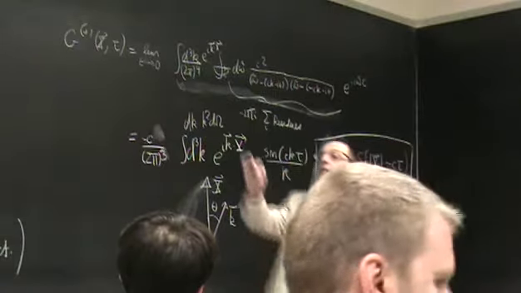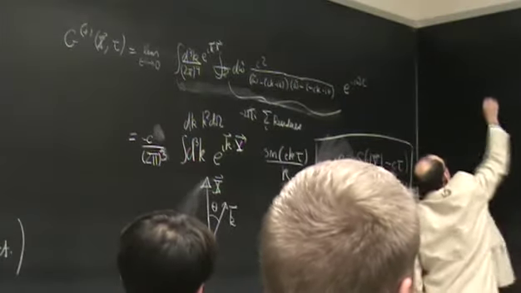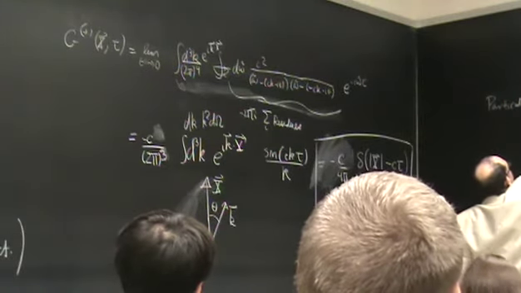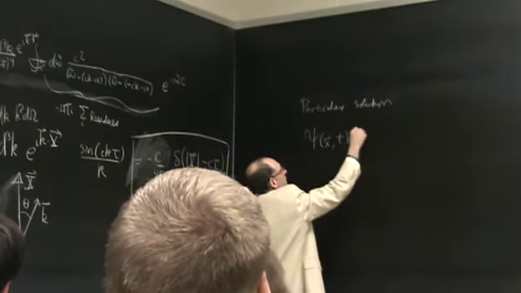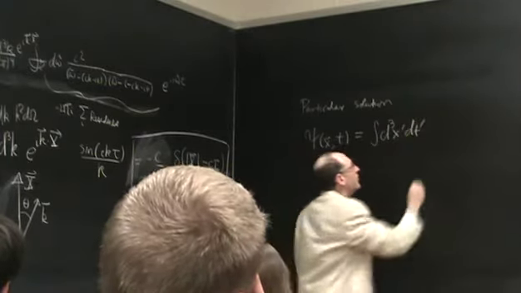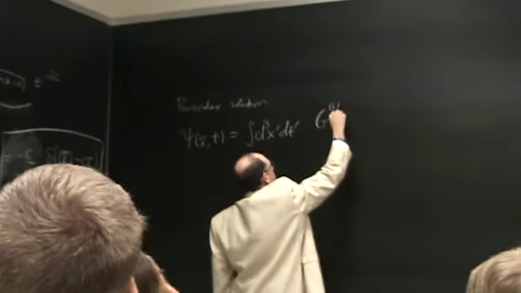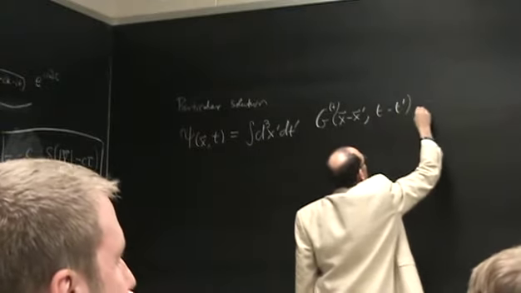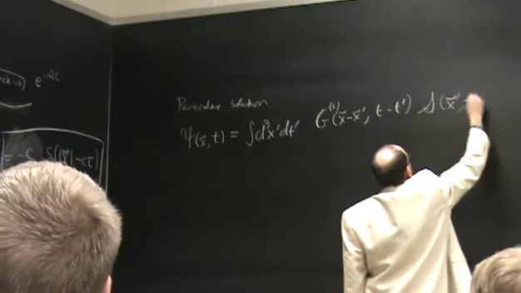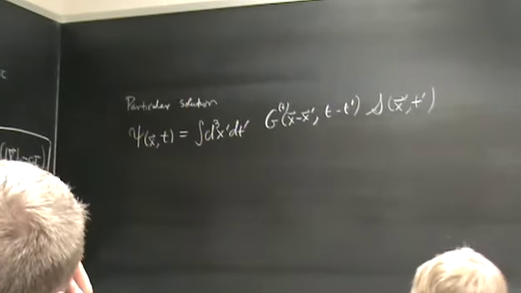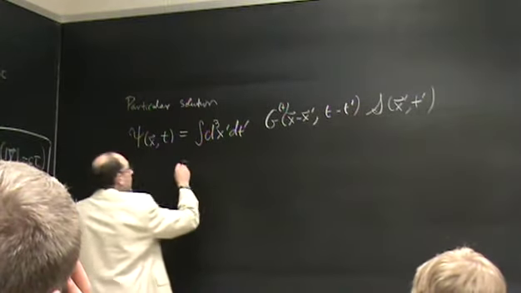Well, as we said, the particular solution to the wave equation is given by the convolution of the Green's function, in this case, the retarded Green's function, with the source. And we just found that Green's function, so we can write that out.